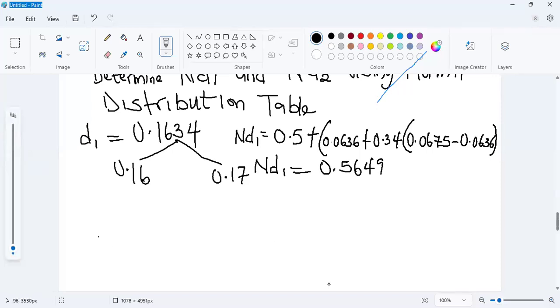We now move to D2. Our D2 figure is negative 0.1866. Let us get the range.